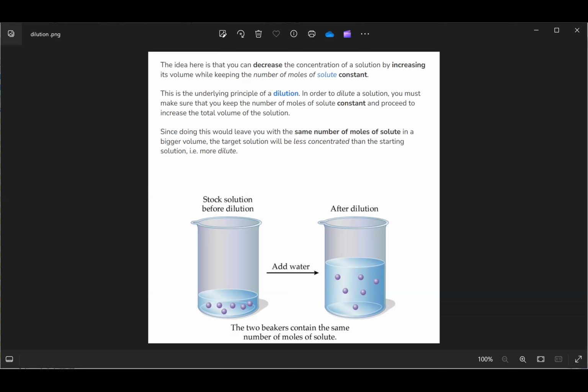He is asking me the concentration, how much it will be.